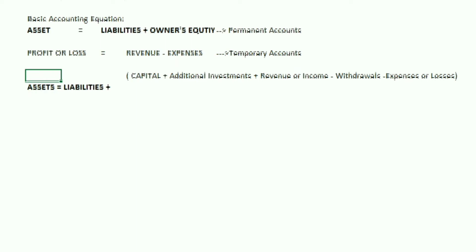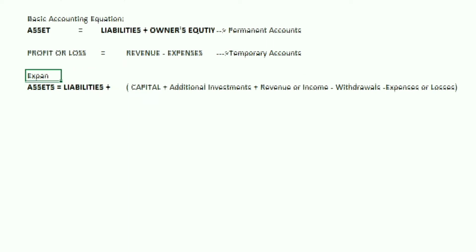Ito na yung kasama na si both permanent and temporary accounts. Since we assume na si temporary accounts is kino-close natin kay capital, thus, ina-add natin siya dito kay owner's equity accounts.